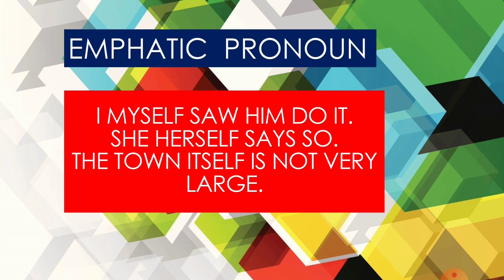And here, I myself saw him do it. She herself says so. So, herself is also she only, and it is coming even closer to she so that it is emphasized. The town itself. Town is non-living, so we apply itself. The town itself is not very large.